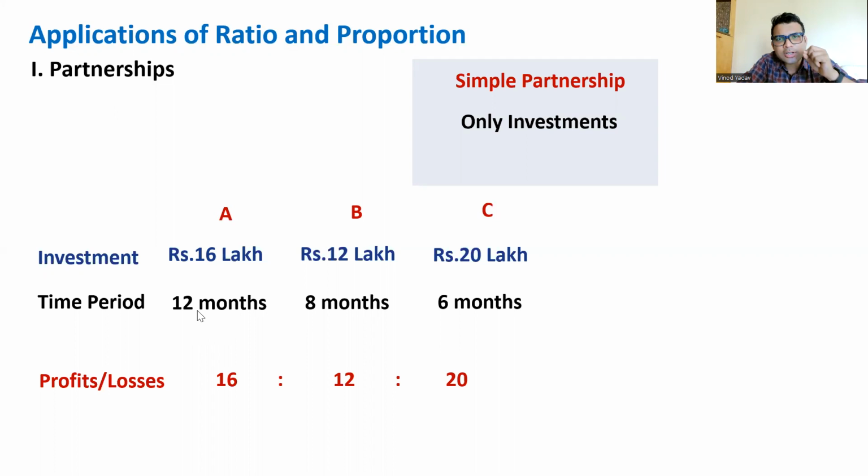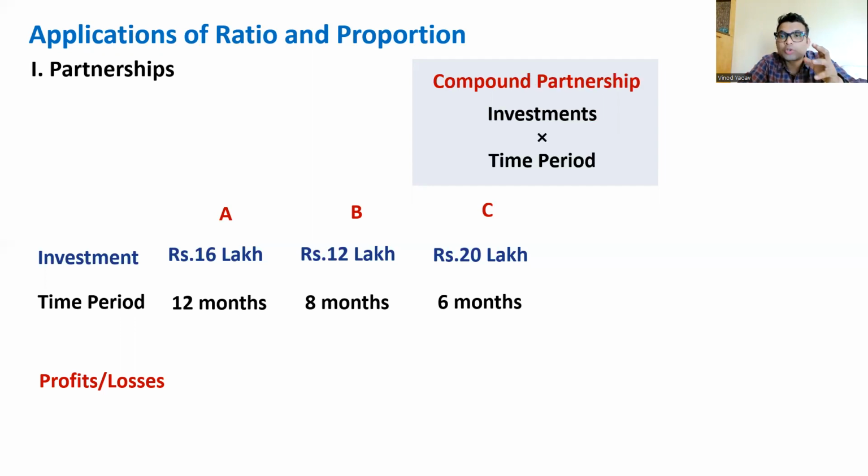So if I just consider only investments, that is called a simple partnership, assuming everybody is there for the same time period. So 16 is to 12 is to 20, which on further reduction can become 4 is to 3 is to 5. All right. Cool.